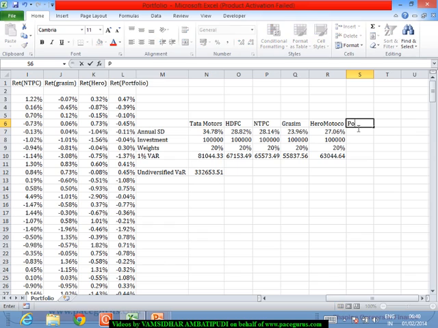Here also I will use the same formula, the standard deviation multiplied by square root of 250.